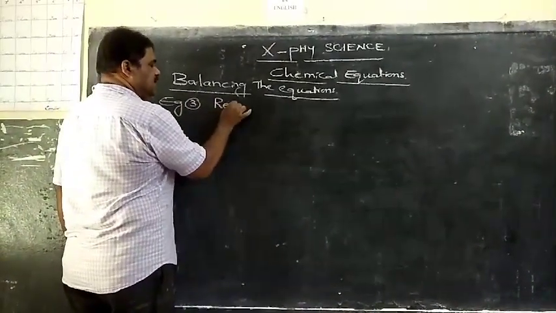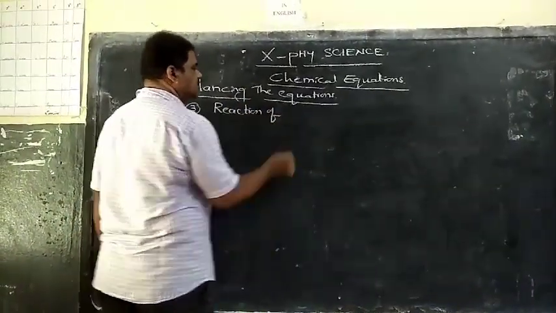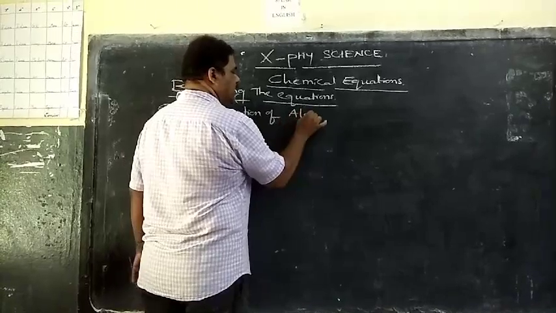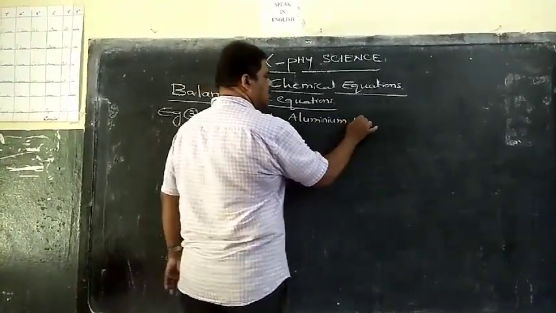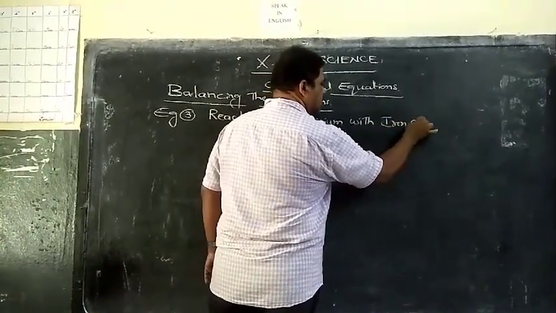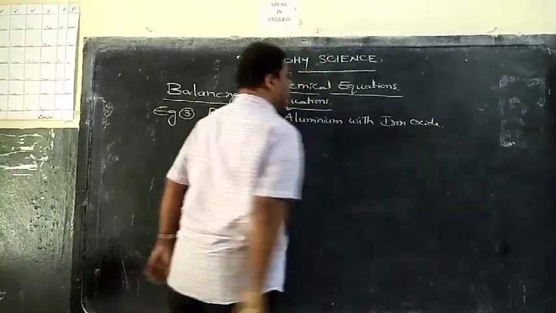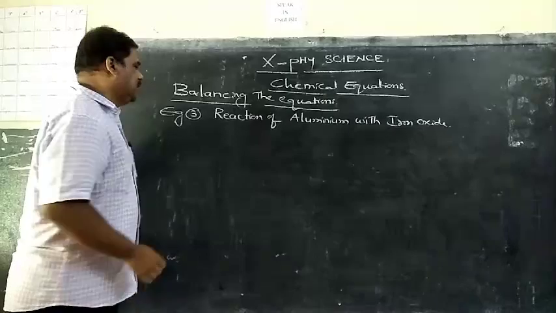Third example is reaction of aluminium with iron oxide. Let us see what happens when iron oxide reacts with aluminium.